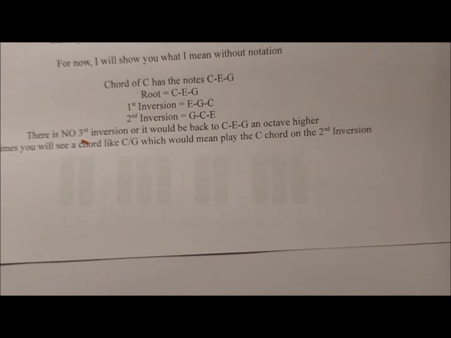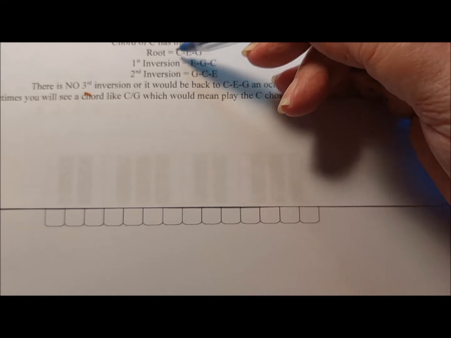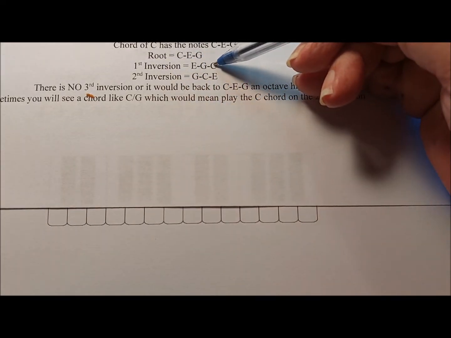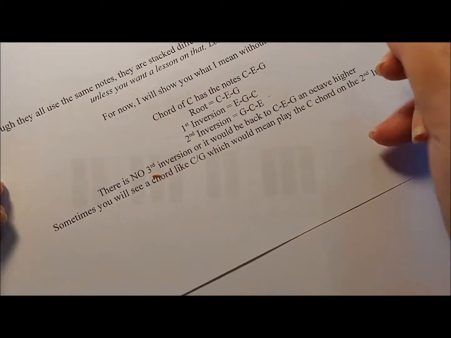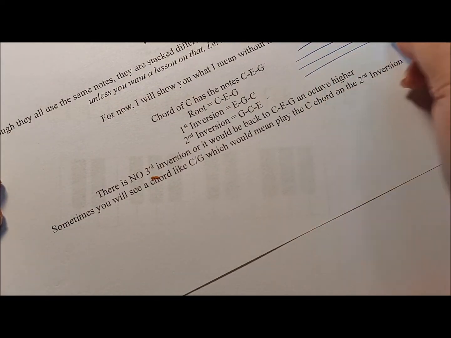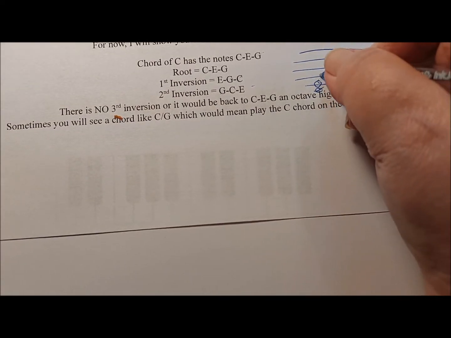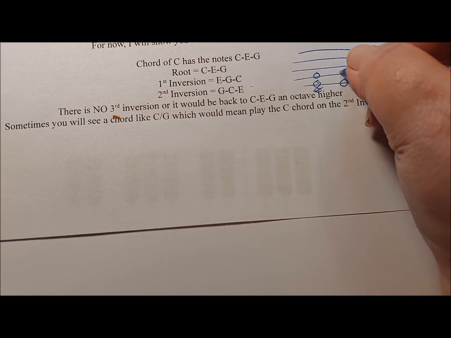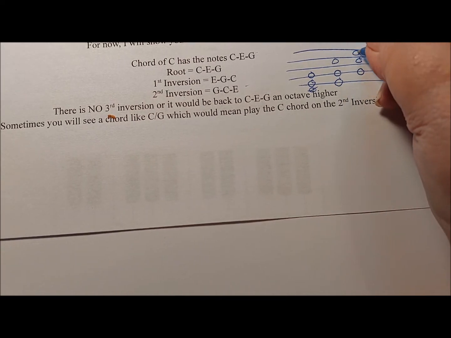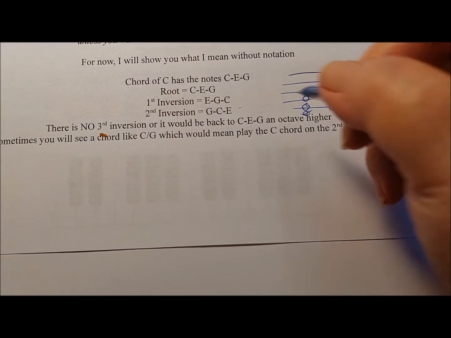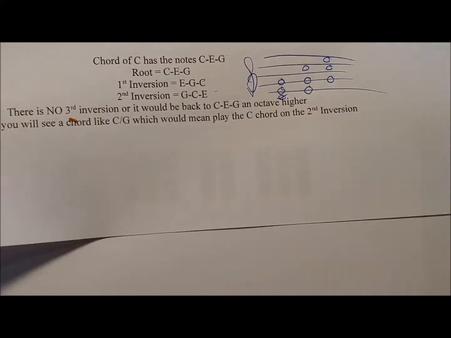Okay, I'll show you what I mean without notation. So we saw C, E, G, first inversion E, G, C, second inversion G, C, E. So it would be C, E, G, E, G, C, G, C, E. That's where the notes would be.